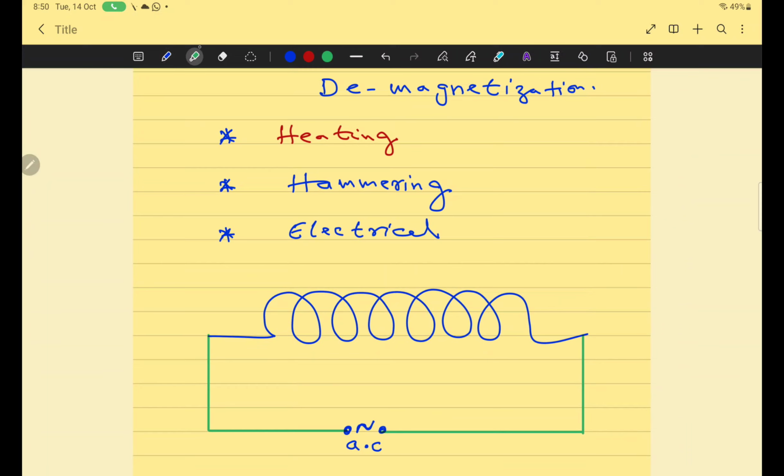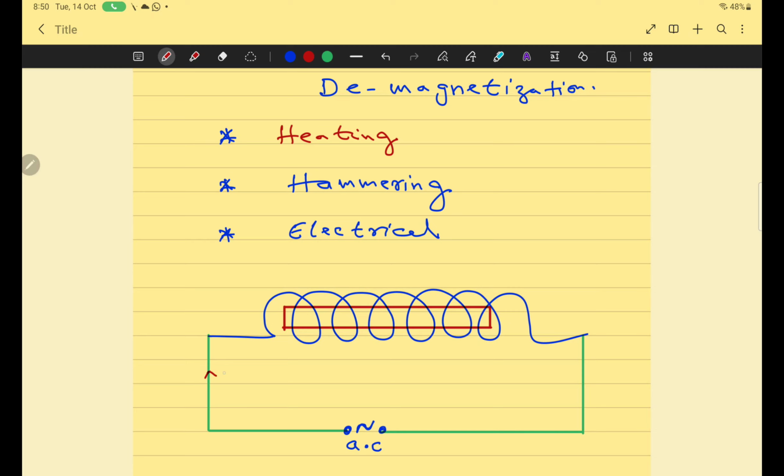Now if you insert this permanent magnet, consider this is the north pole and this is the south pole, and you are interested to demagnetize this steel rod, place the permanent magnet steel rod into the core of the solenoid and now pass AC through the coil.